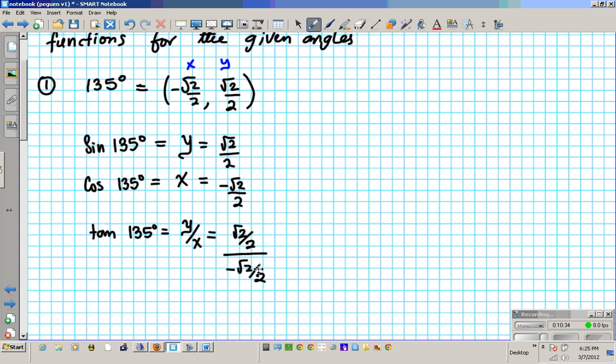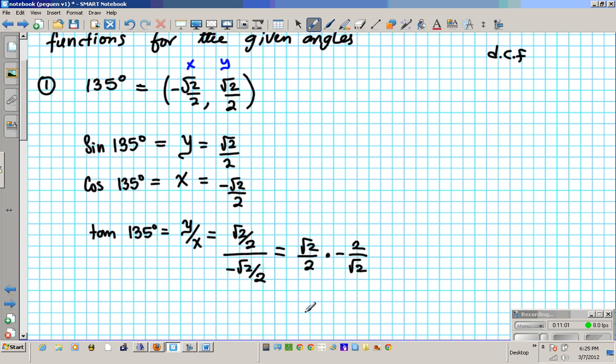This looks ugly because we have a fraction over a fraction. So how do we resolve this? We can just DCF the problem: drop, change, flip, or multiply by the reciprocal of the denominator. So I'll drop the top, root 2 over 2, change division into times, and I'll reciprocate the denominator into negative 2 over root 2. I like to call it DCF, drop, change, flip.